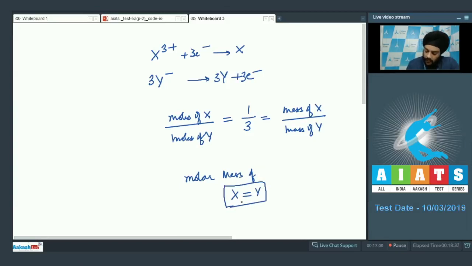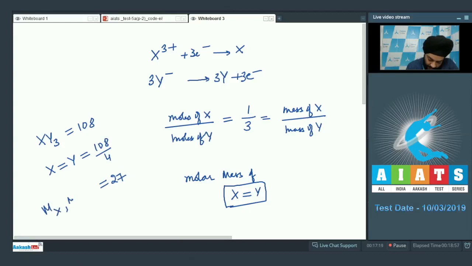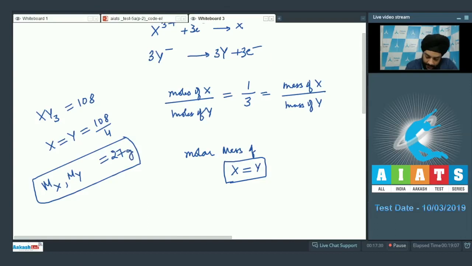So we have the molar mass of XY3 equal to 108. So the molar mass of X, which is equal to the molar mass of Y, shall be equal to 108 upon 4, which is given by 27. So the molar masses of X and Y are both equal to 27 gram. Let us look at the options now.